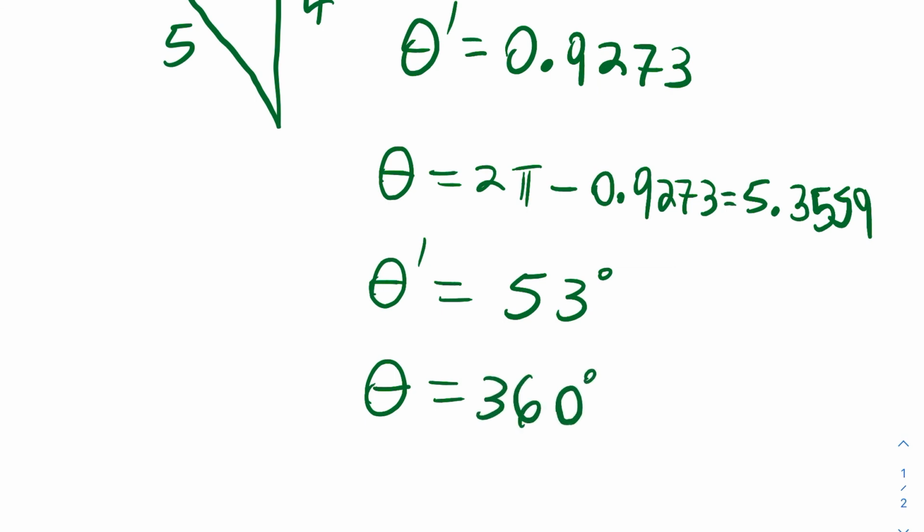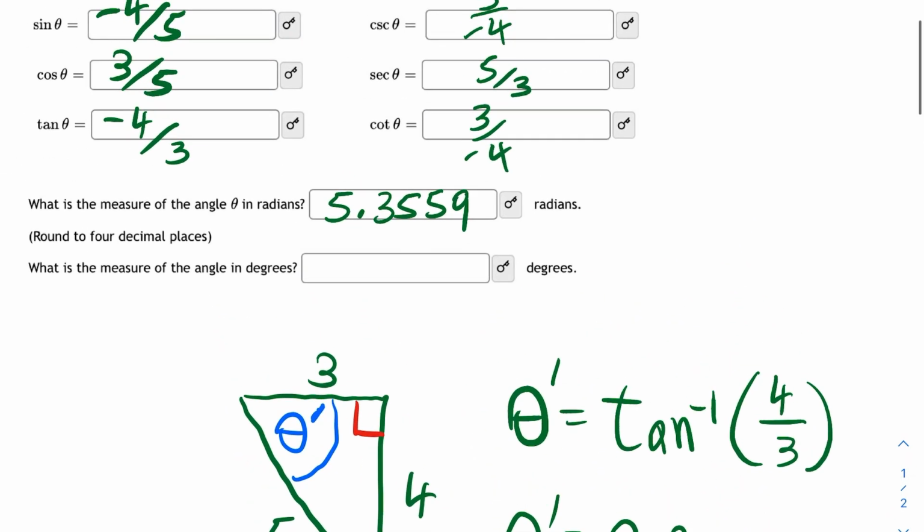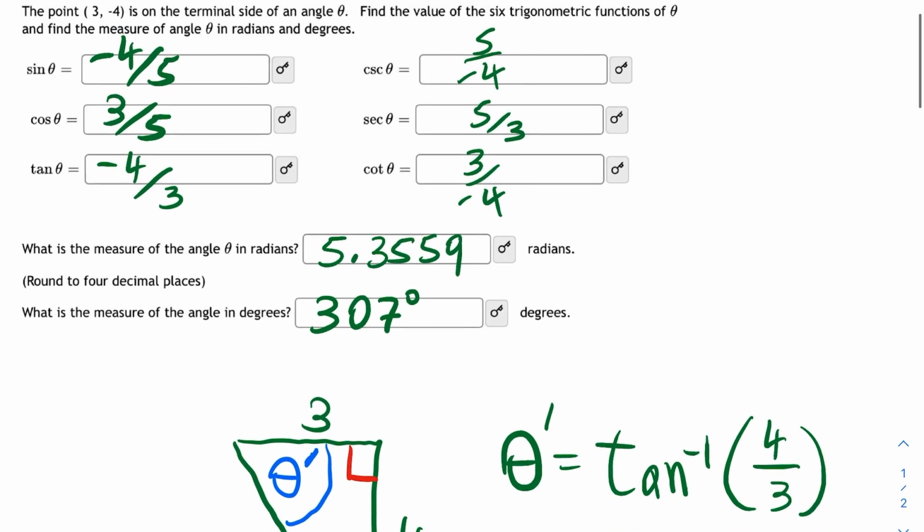So subtract 53 degrees from 360, and we get 307 degrees. So the answer for the last part is 307 degrees. And just by knowing one point on the terminal side of an angle, I have found all the 6 trig functions and the angle itself.